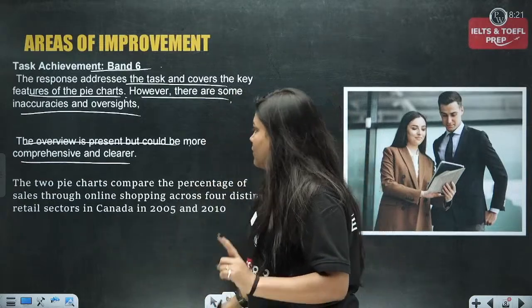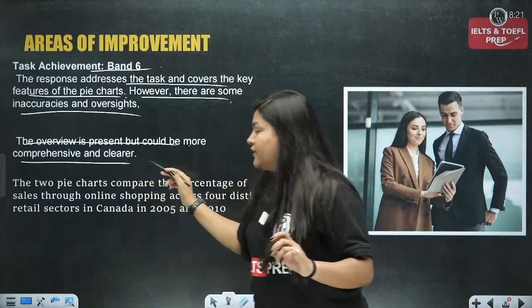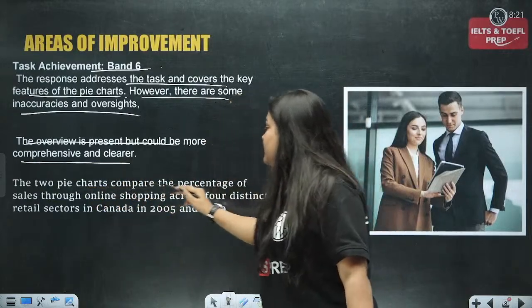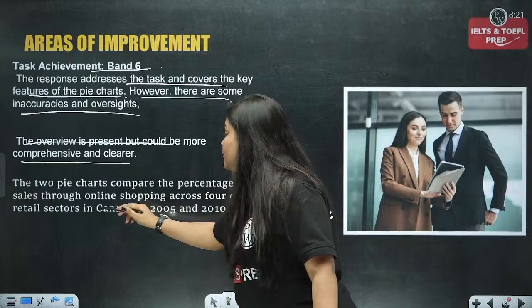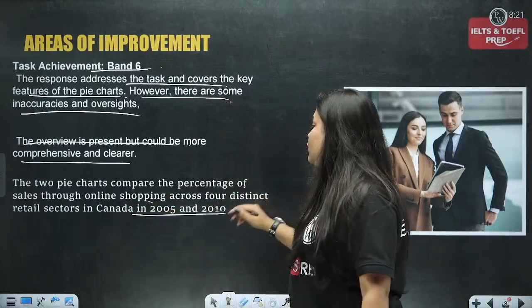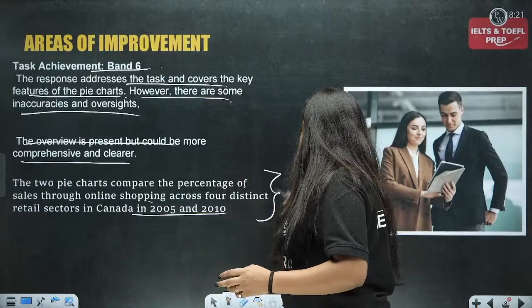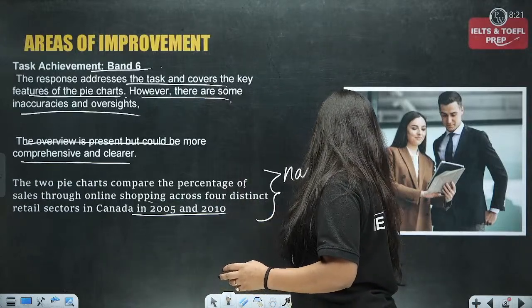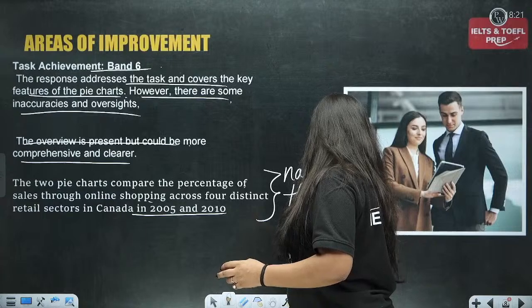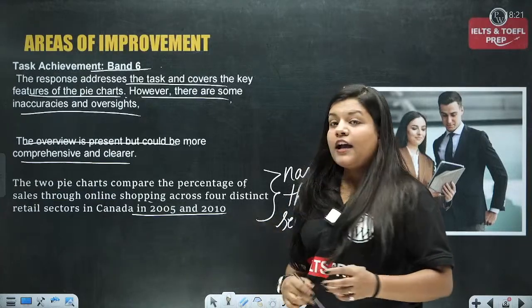Now, the two pie charts compare the percentage of sales through online shopping across 4 distinct retail sectors in Canada in 2005 and 2010. Again, I told you, just name the sector and it will be complete.